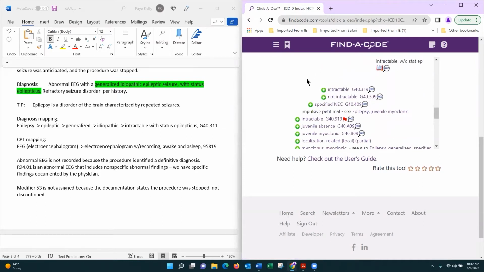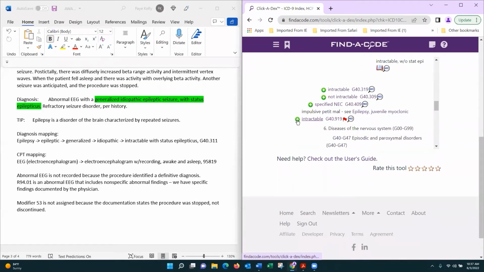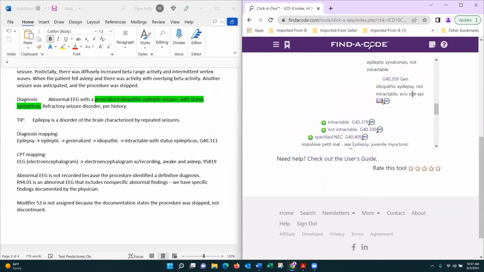And the next diagnosis, the next adjective that I have here is... open this up. Oh, wait. I may have to broaden it up myself.